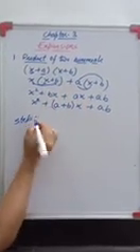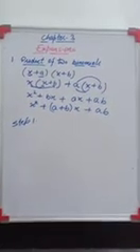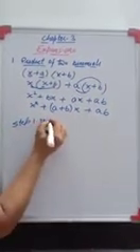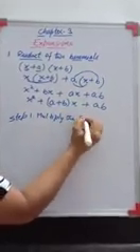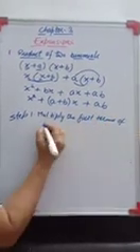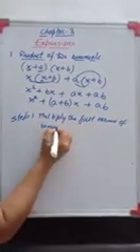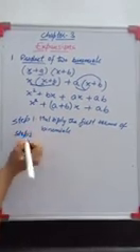So first step is what? Multiply the first terms of the binomials, right? Step 2 will be what?